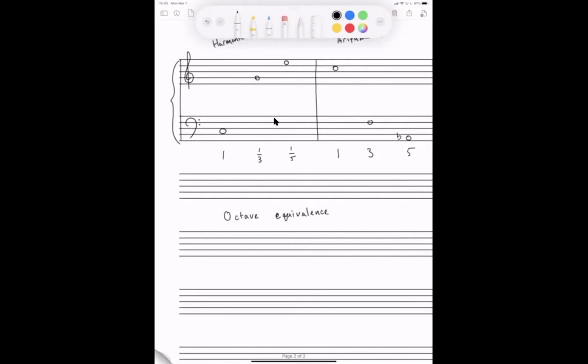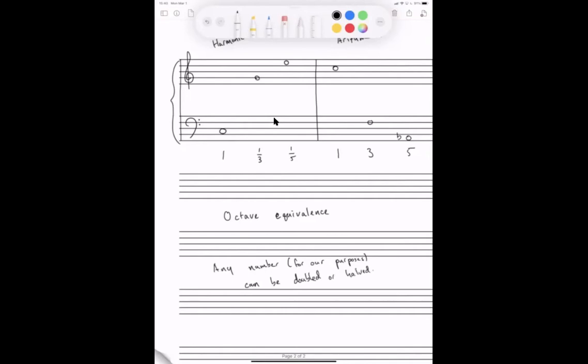It means that any of these numbers, for our purposes, can be doubled or halved. Right?